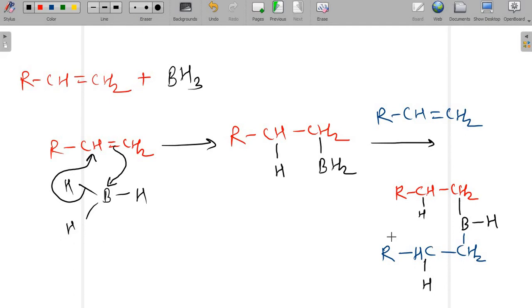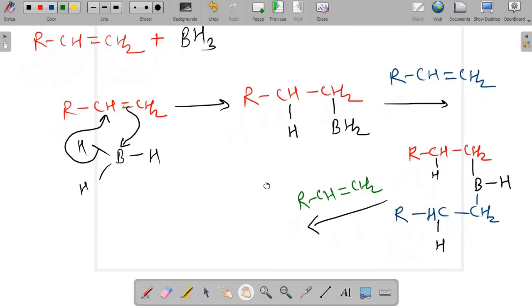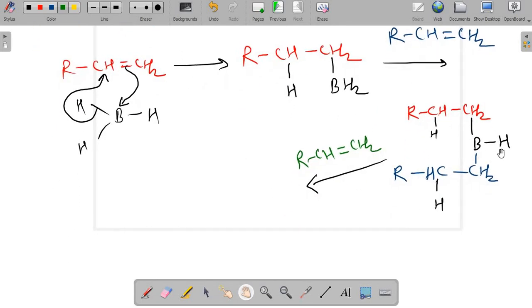Now the third molecule of alkene. How is this third molecule of alkene reacting? See here the third molecule, RCH=CH2. Now it again reacts with this BH, meaning one hydrogen atom from this BH is again replaced by the alkyl group, RCH CH2.